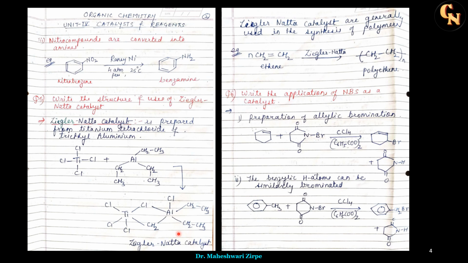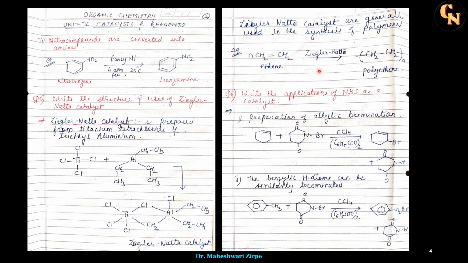So Ziegler-Natta catalysts are generally used for synthesis of polymers. In the polymerization lesson, in the previous video, we have already seen that for polymerization of HDPE, that is high density polyethylene, there is use of Ziegler-Natta catalyst.